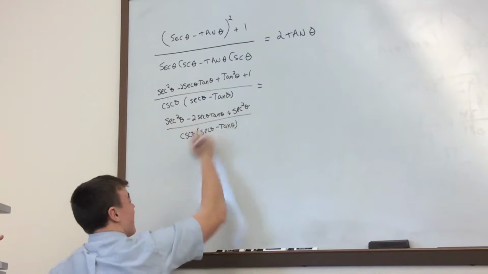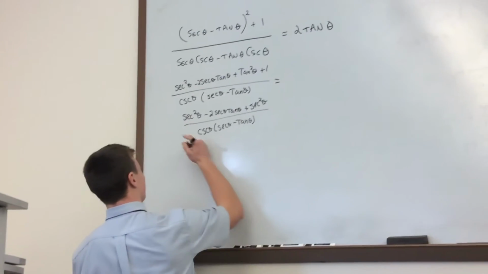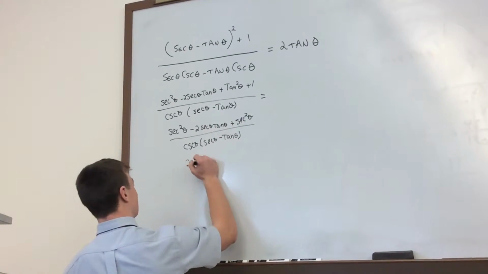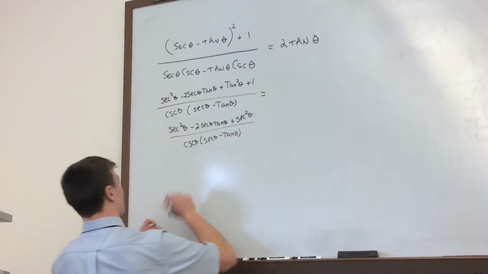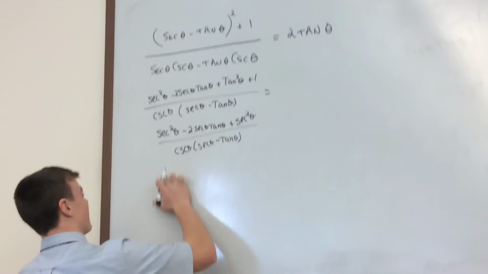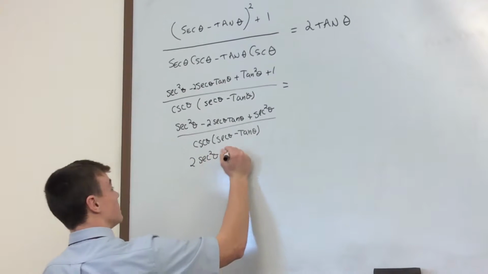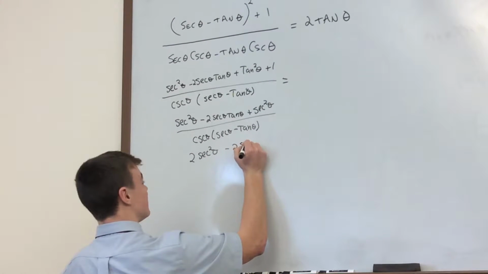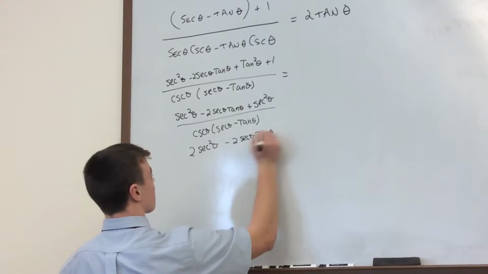And then we're going to add these together. Okay, stop for a second. Does anyone have a question? Seriously. Continue. All right. So we're going to add these together, so it's going to be 2 secant squared theta minus 2 secant theta tan theta.